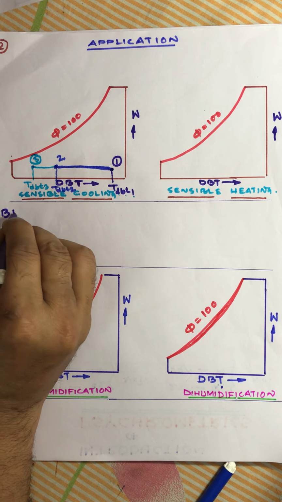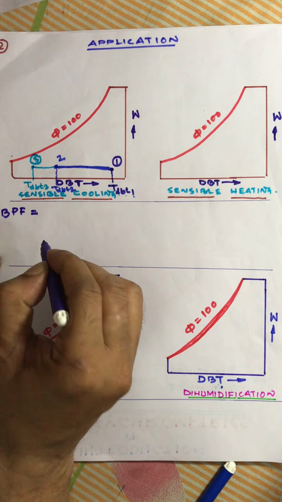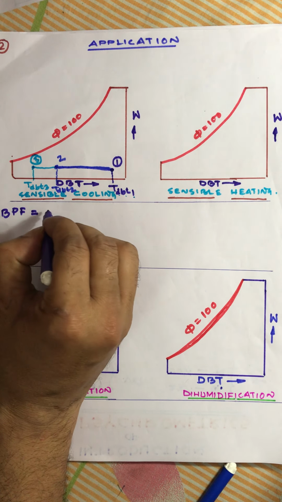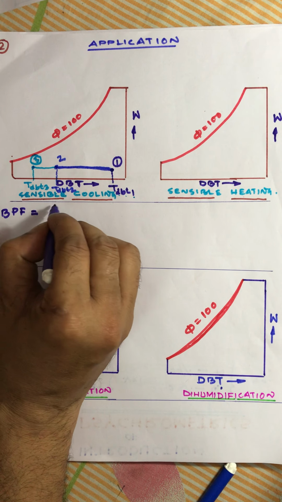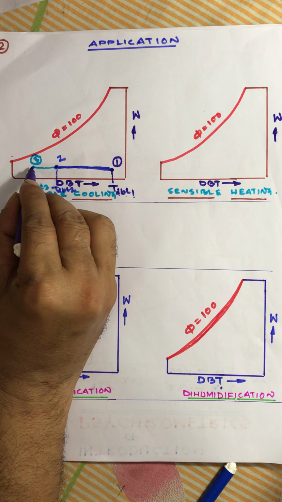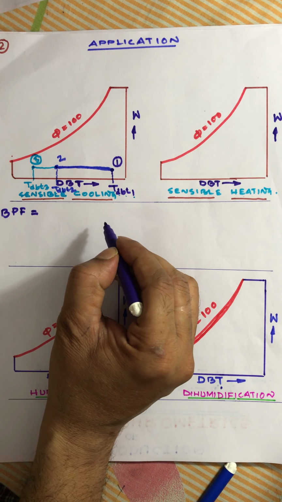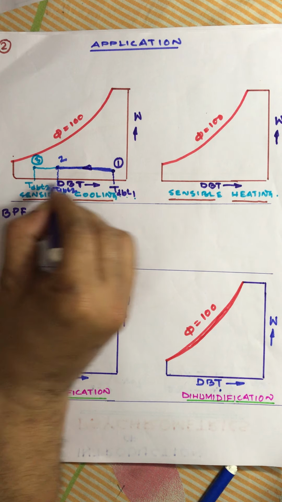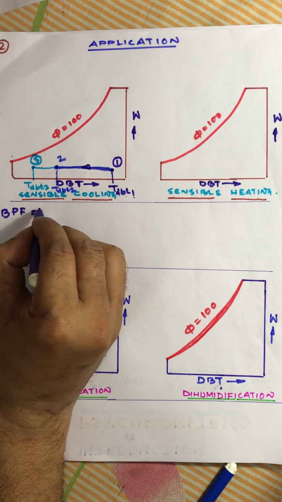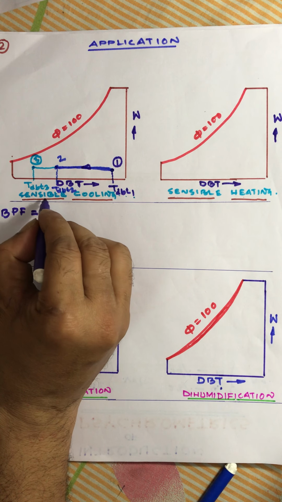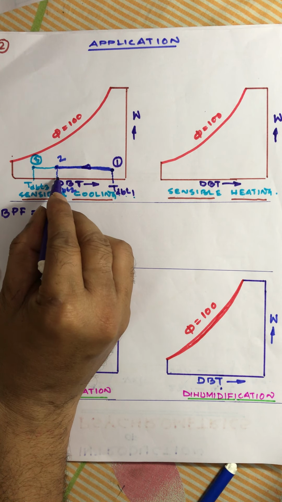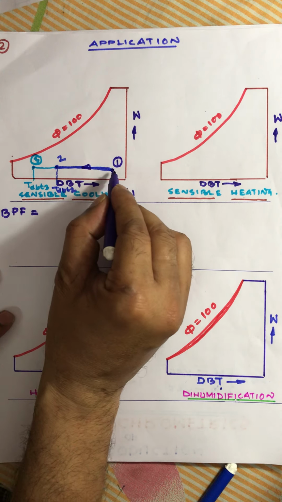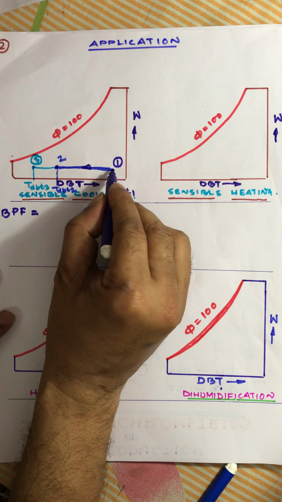Bypass factor is nothing but the ratio of the temperature difference between the final air temperature and cooling coil, to the temperature difference between the initial air temperature and cooling coil. Here the temperature is going to decrease, is that clear?